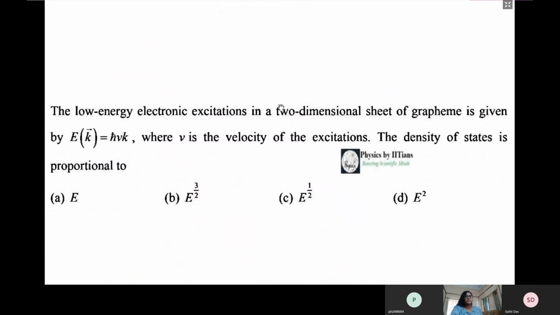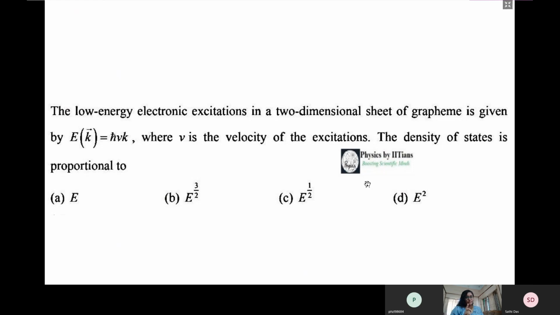So suppose I am taking a question that has already come in a NET exam. The low energy electronic excitations in a two-dimensional sheet of graphene is given by E(k) equals h cross V k, where V is the velocity of the excitations. The density of state is proportional to E, E to the power 3 by 2, or E to the power half.